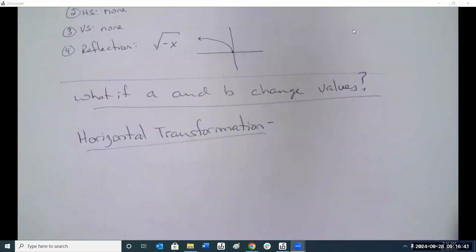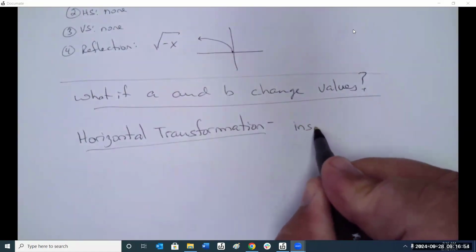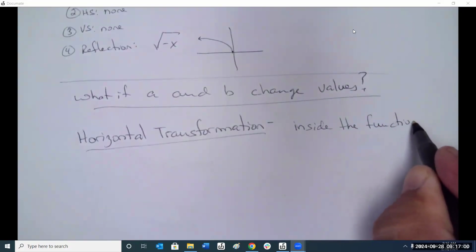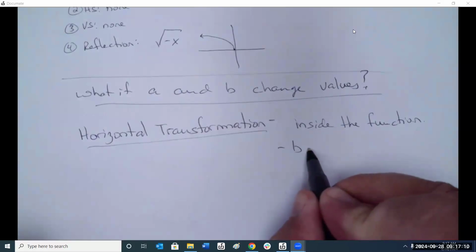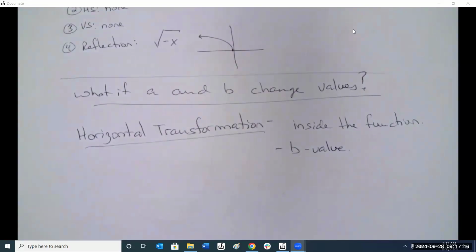Remember, where does everything horizontal occur? Inside or outside the function? So here it's either going to be a horizontal shift, shrink, or stretch. And remember, so this is the B value. And remember, everything that happens inside the function is always opposite.